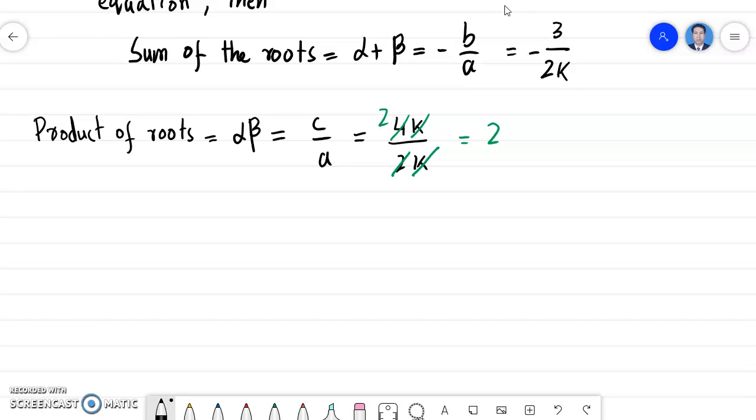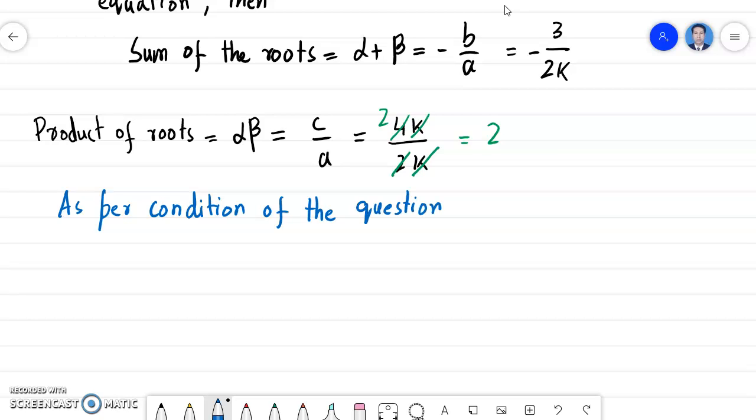So as per condition of the question, what is the condition of the question?